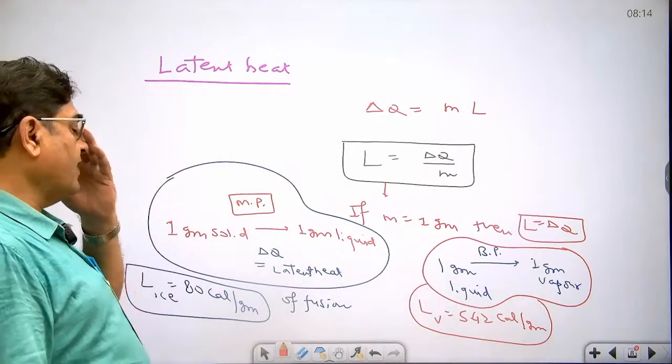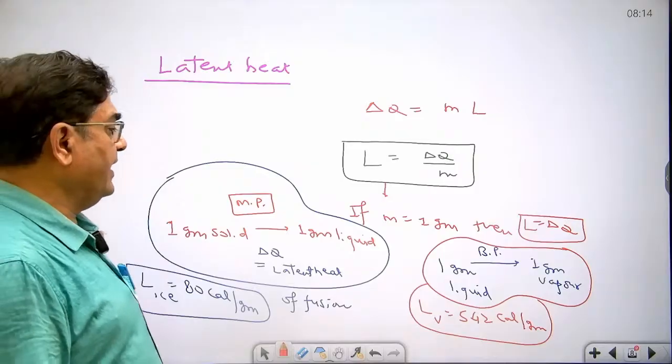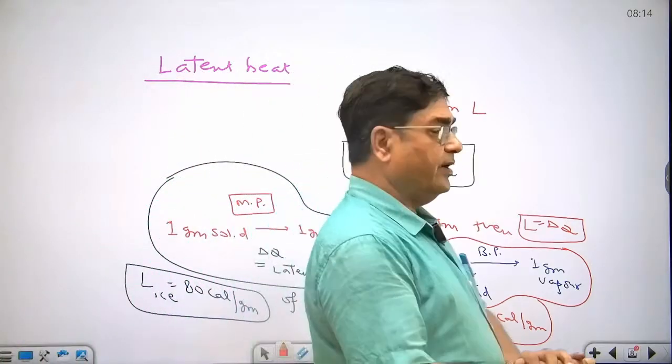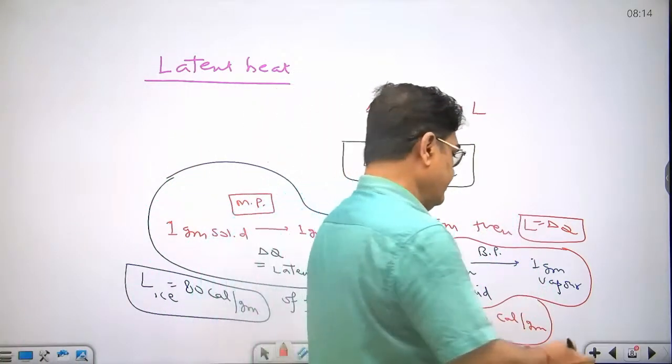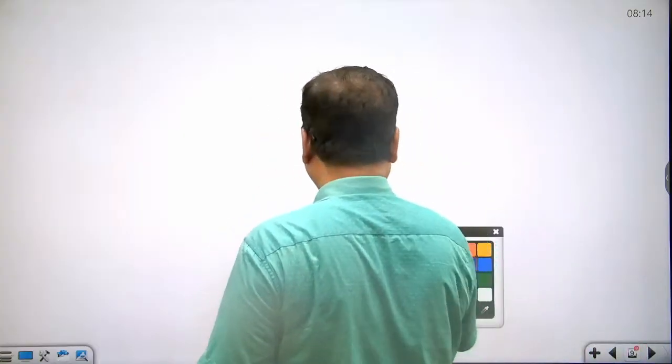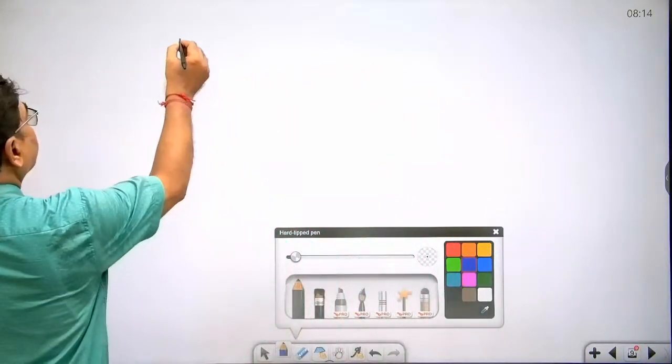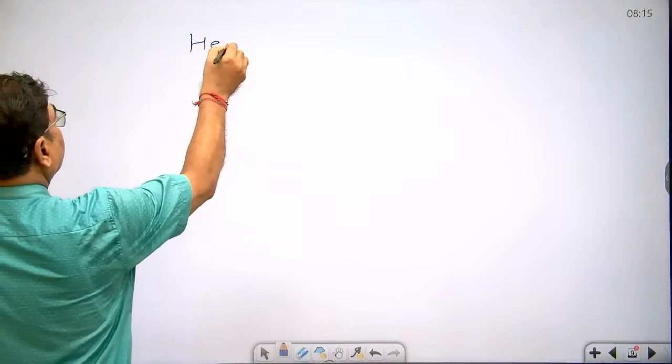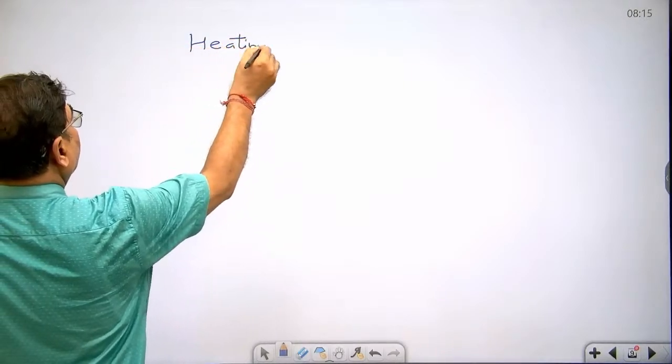So dear student, this was about latent heat. Now I am telling you about the heating curve. By taking one example, I am explaining the heating curve in the simplest way.